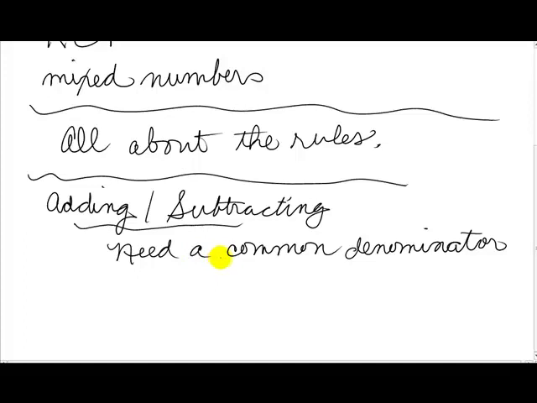I didn't say least. Least is nice because it's less work at the end with the reducing. But we don't need a least common denominator. We just need a common denominator.